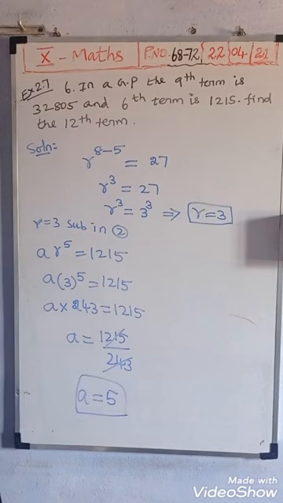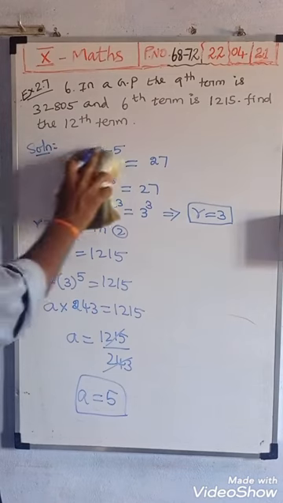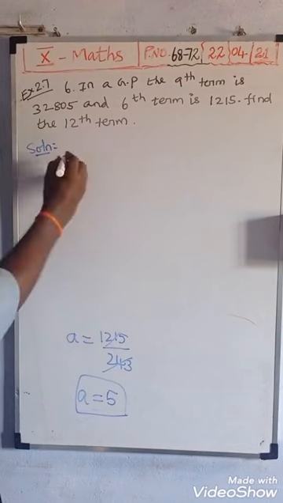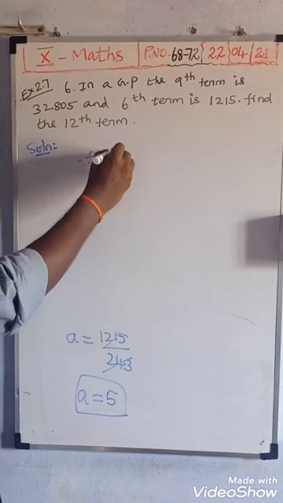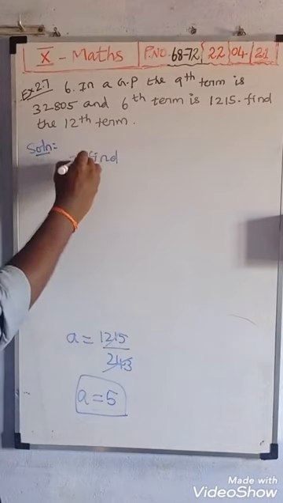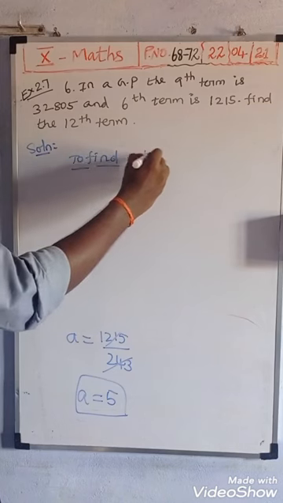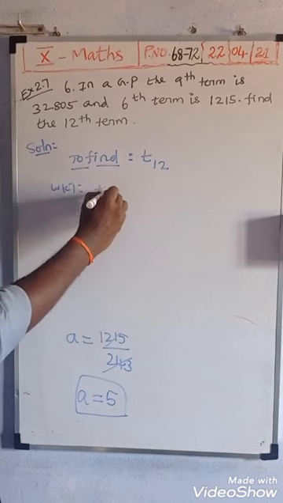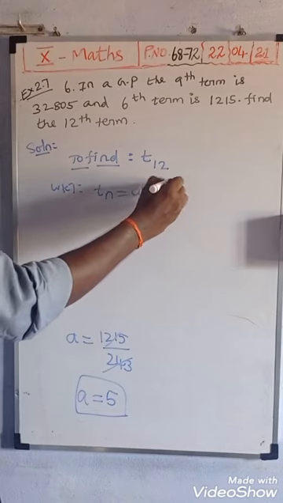Okay, now r and a values we received, therefore now we want to find the 12th term. Find T12. So we know that Tn is equal to a r to the power n minus 1. Already we wrote the formula.